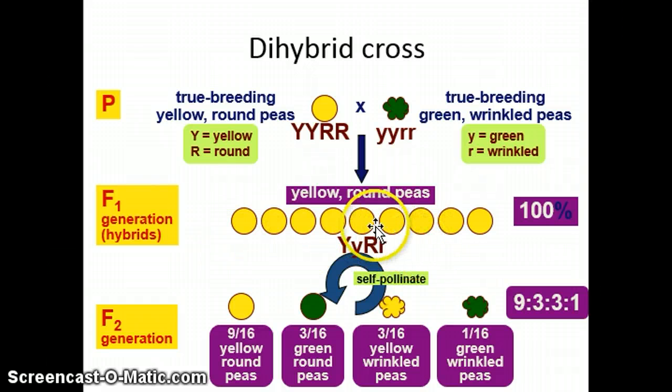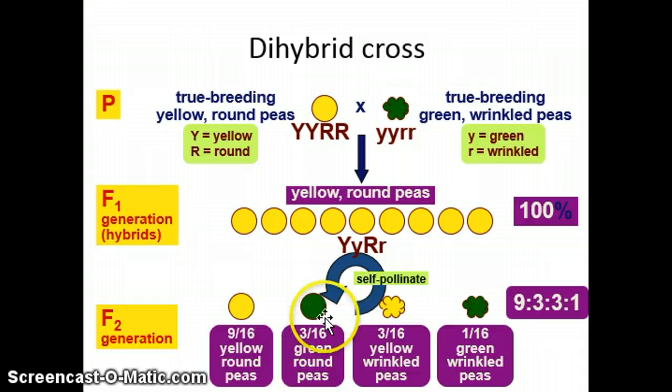But then when we have the next generation, the F2, by crossing the F1s, we had our recessive traits, wrinkled and green, reappear. But now, because we have a couple of different traits that we're looking at, we end up with a different ratio, because some showed just the recessive trait in one thing, such as shape.